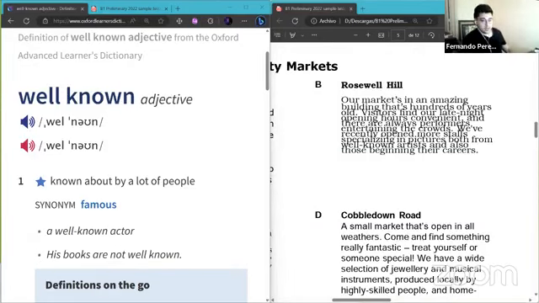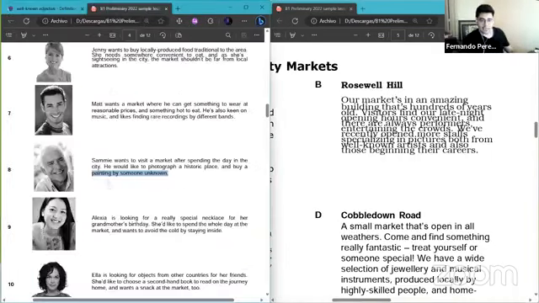Okay. Which is precisely the reference that is necessary in Sammy's description. Because Sammy says that he wants a painting by someone unknown. The opposite of well-known is the contrary. Well-known is famous, unknown is not famous.